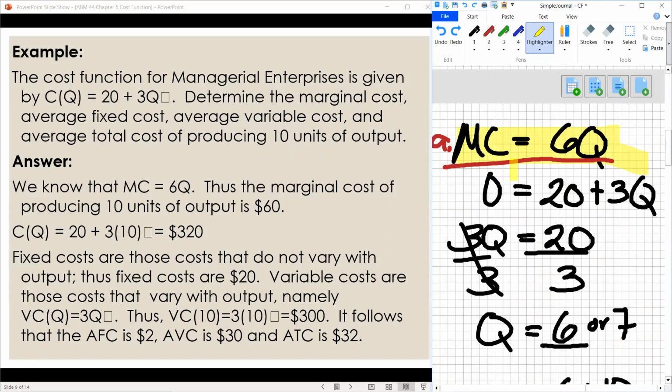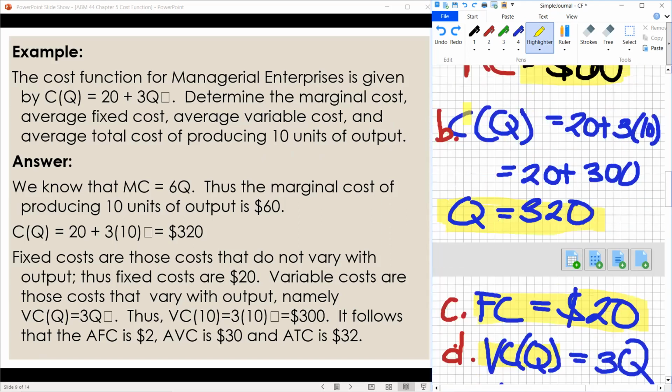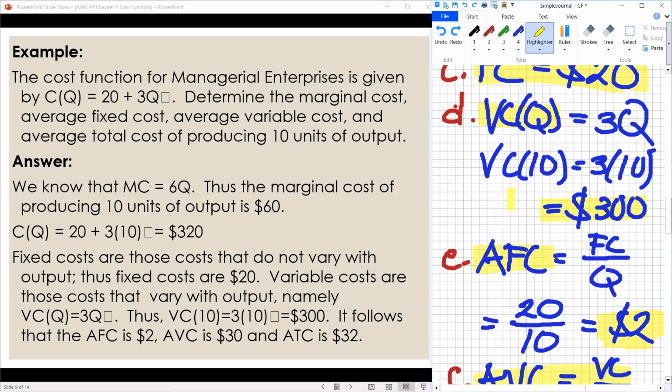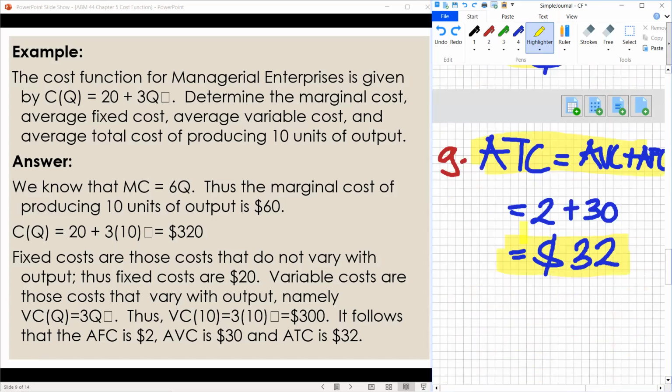Medyo taas siyang process given nga daghan pud ang gi-require. Marginal cost pa lang. Next is total cost. We have fixed cost, variable cost, average fixed cost, average variable cost, and average total cost.